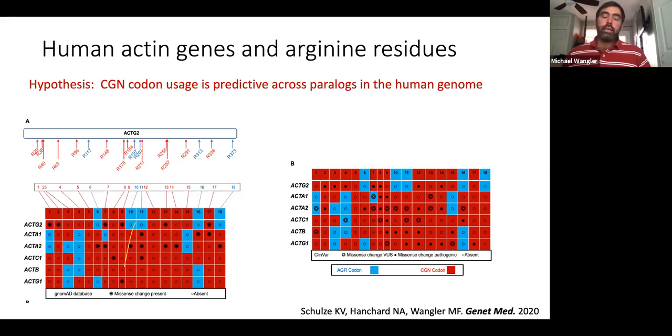But in the human genome, there are 6 actin genes. The actin gamma 1 and actin B are called cytoplasmic actins. And then the ACTC1, ACTA2, ACTA1, and actin gamma 2, these are more tissue-specific actins.